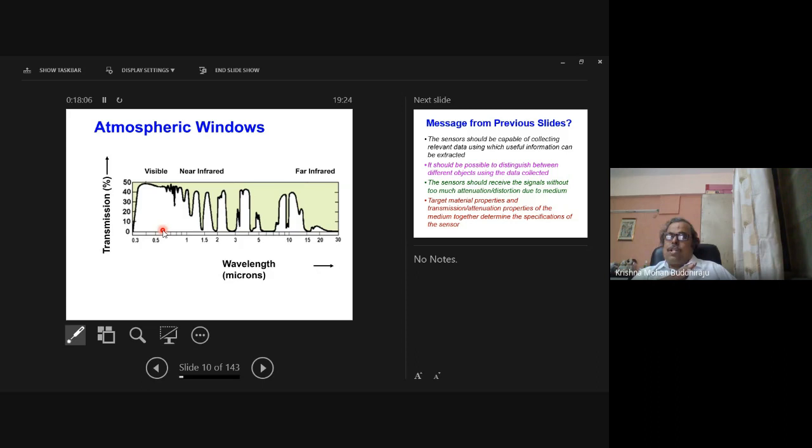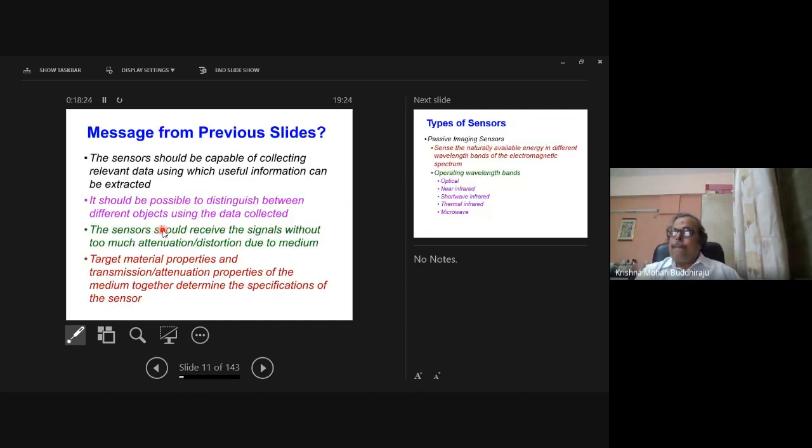So they should have distinct response for different materials on the earth, like soil, water, vegetation, and then snow, shadows, clouds, different things. So the sensor should be capable of collecting relevant data, and it should be possible to distinguish between different objects.